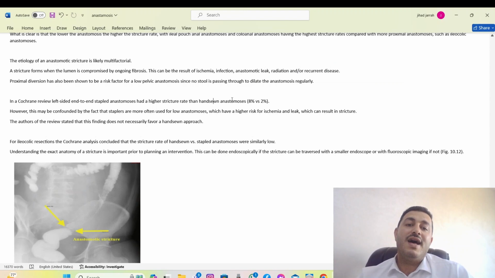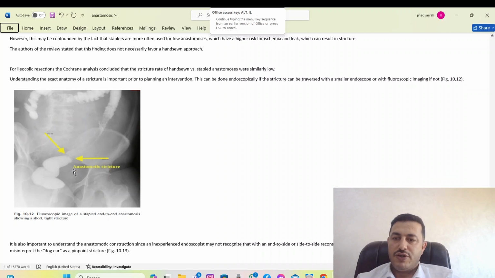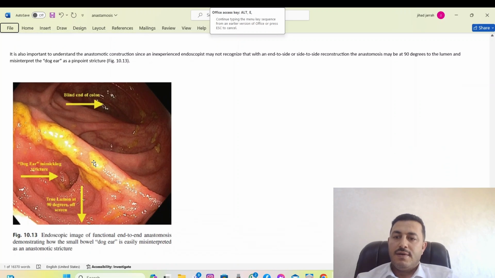dilates the anastomosis regularly. And in this picture you see a fluoroscopy that picks up the stricture. Here is an endoscopy. These are the two modalities. But the endoscopist should be aware of the type of configuration of the anastomosis.